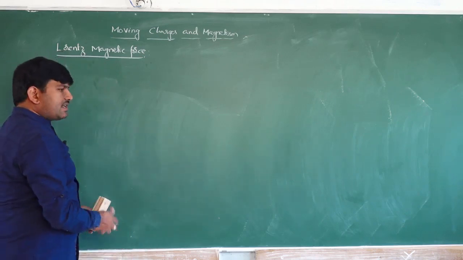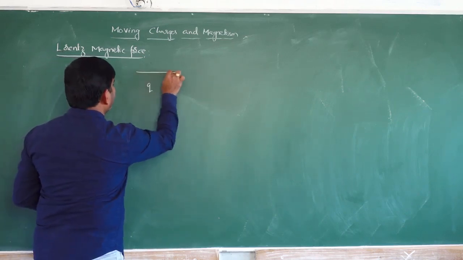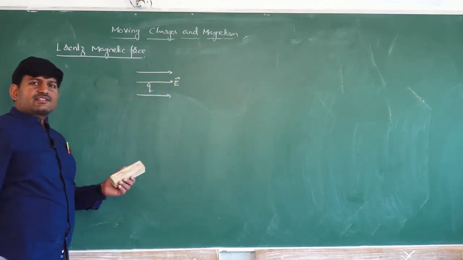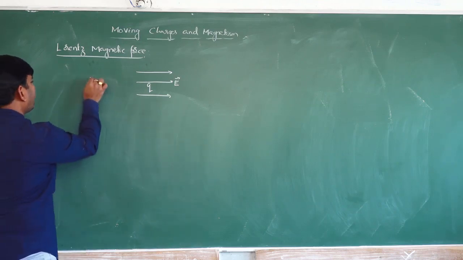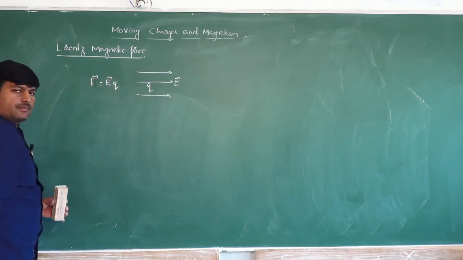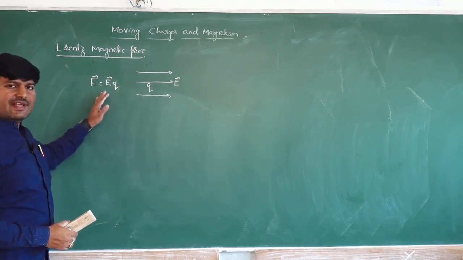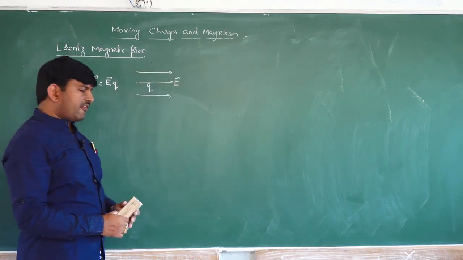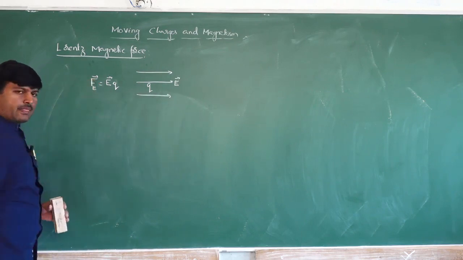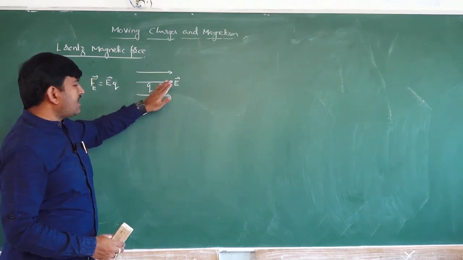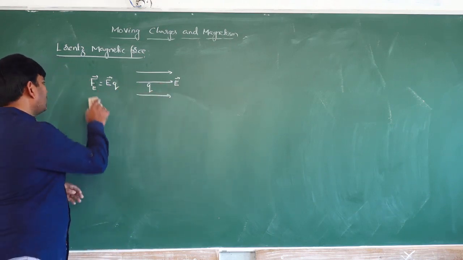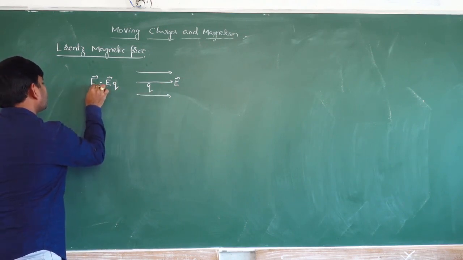We know that previously, if a charge Q is placed in an electric field E, then it is going to experience an electric force, which is given by F bar is equal to E bar into Q. This is the formula for electric force experienced by a charge placed in an electric field, which we studied in the electrostatics part. I will be taking it as F small e.